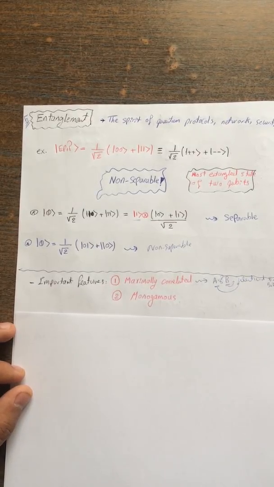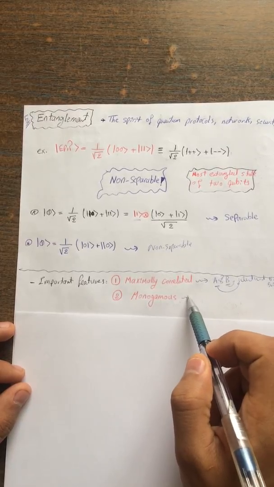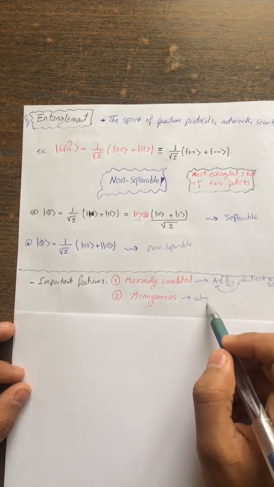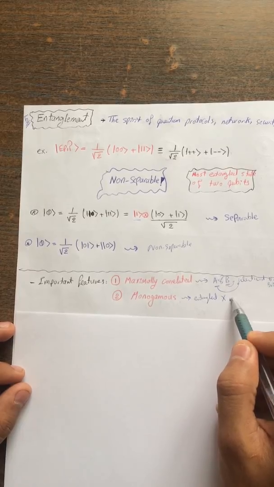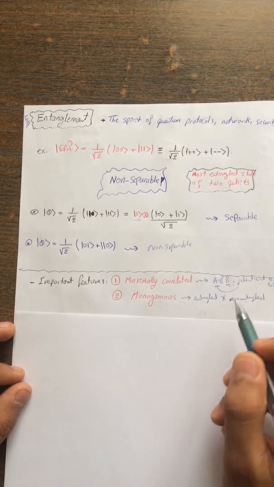The other feature here is the monogamy of entanglement. It's a very well-known monogamous feature. The monogamous feature allows us to say that the systems are very entangled with each other, but non-entangled from the rest of the world.